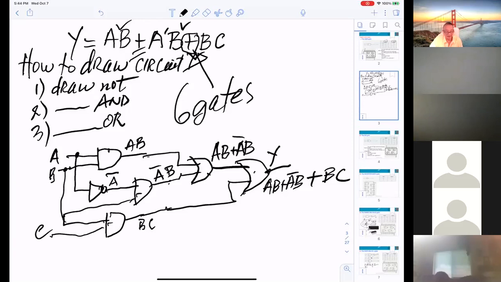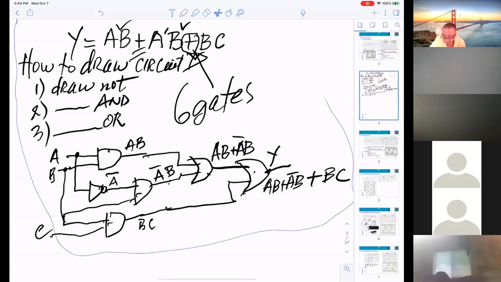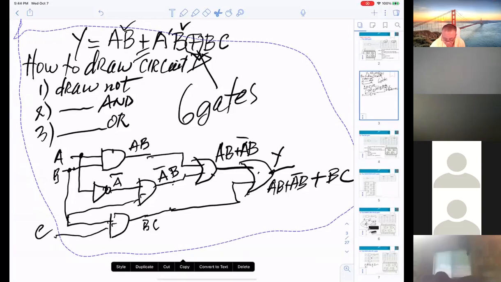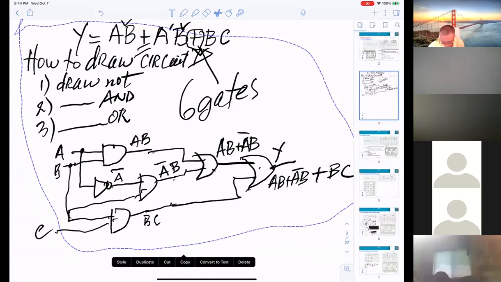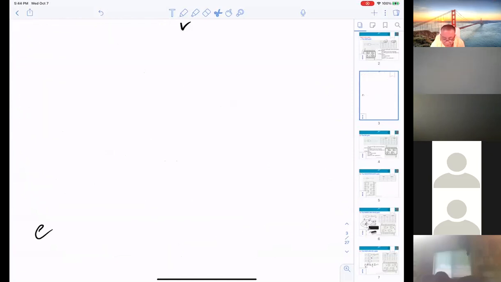I can tell you about the Boolean, but we're not using it. We're using the K-map. Okay, now you can try this.